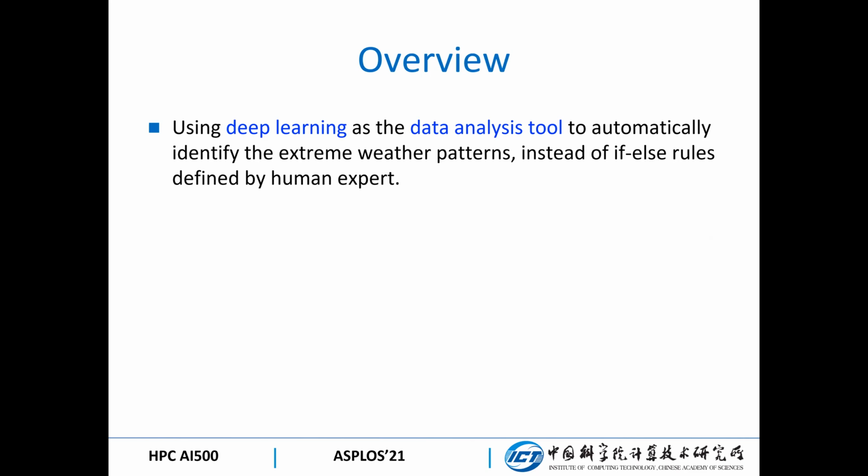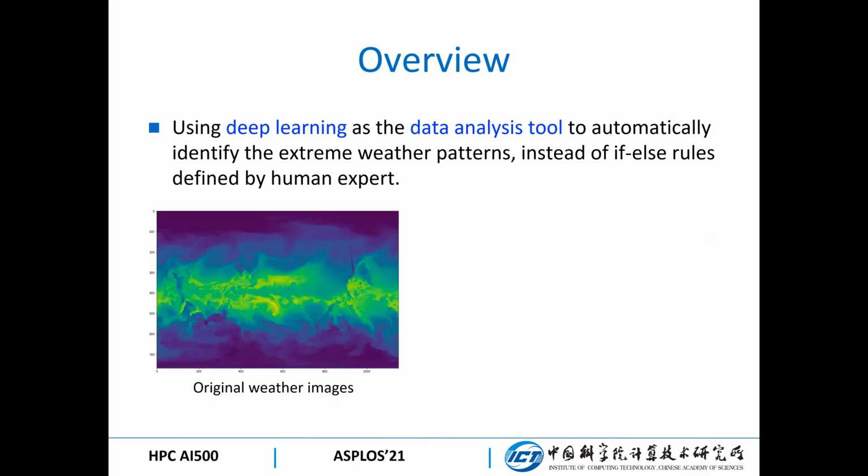However, it has a major drawback. There is no common set of criteria that can define a weather event due to man-made subjectivism, which leads to inaccurate pattern detection. Therefore, deep learning has become another option for climate scientists.